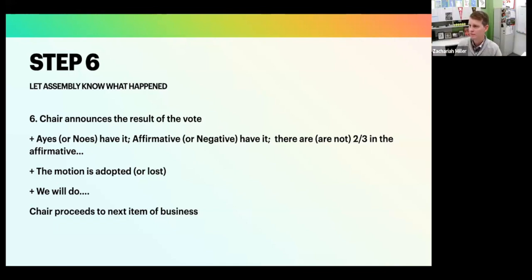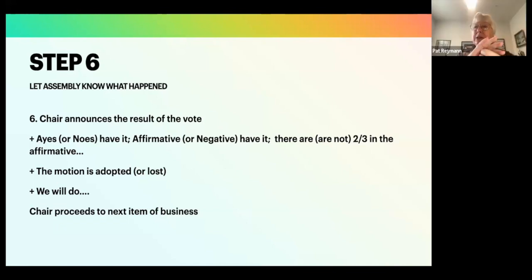Okay, thank you. Finally, can a motion be approved by acclamation? Acclamation is not generally what we call it. We call it unanimous consent. And by that, the chair would say, is there any objection to doing this?